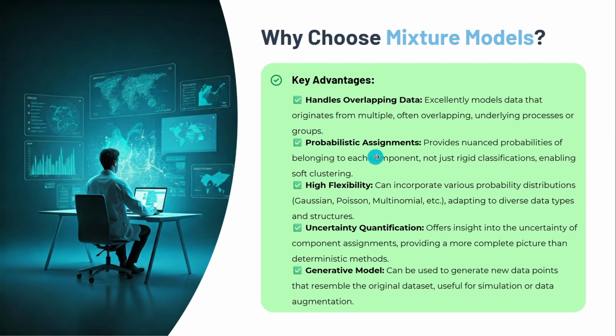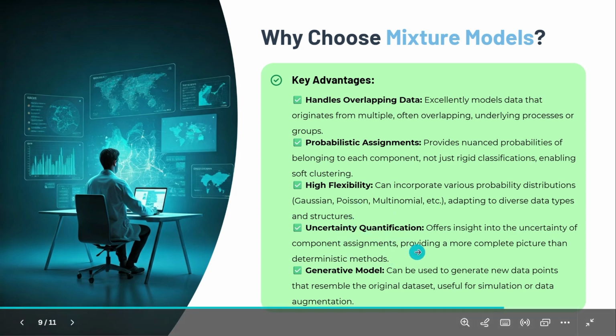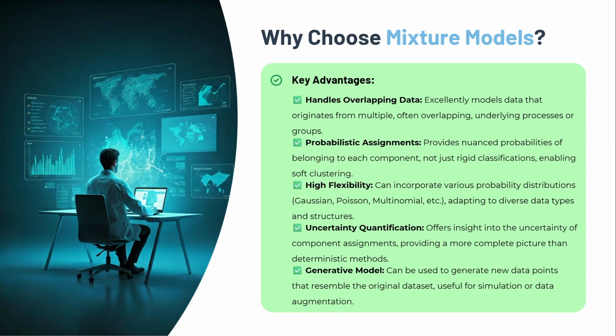Then they give probabilities, not just yes or no labels. They give clear probabilistic values. Then high flexibility: they adapt to many data types, and they can even generate new realistic data. So this is why we choose mixture models.